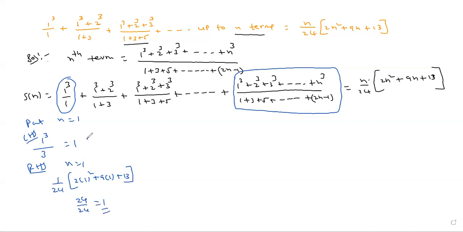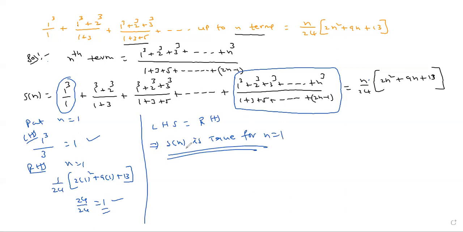So clearly you can observe that LHS is 1 and RHS is also 1. Therefore, LHS is equal to RHS. That implies S of n is true for n equal to 1.